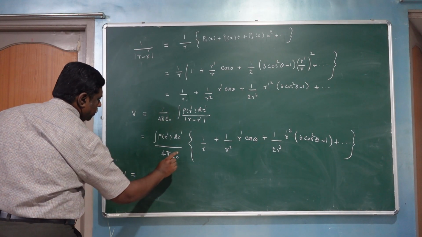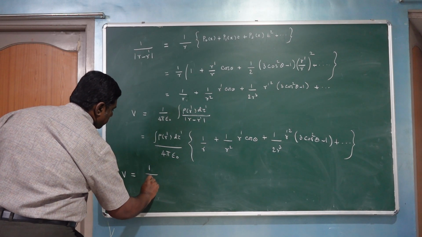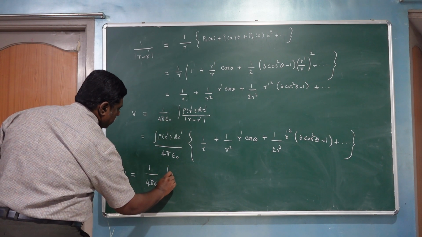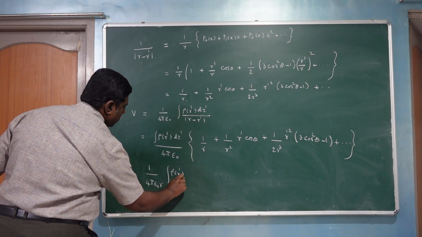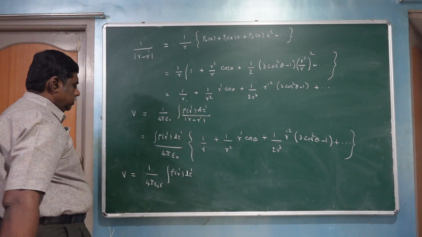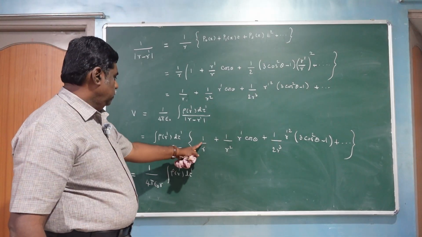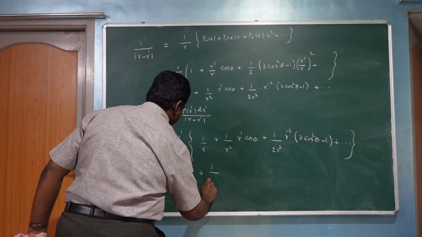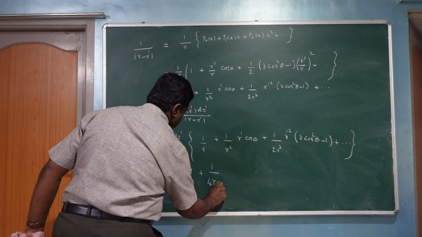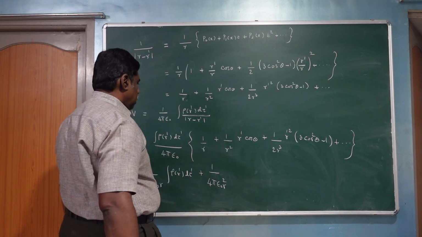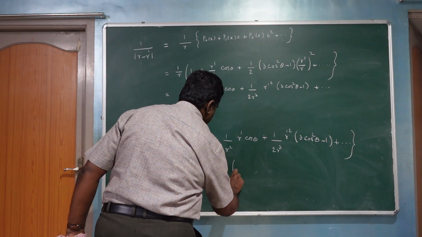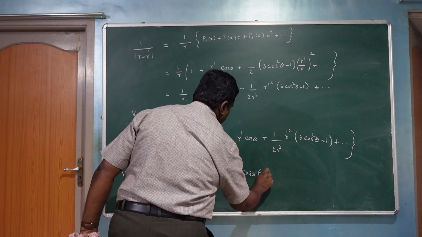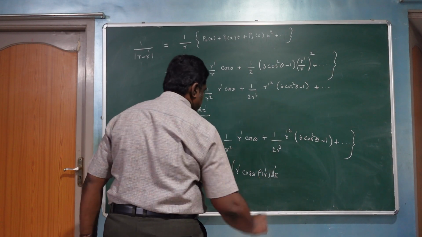V equal to 1 divided by 4 pi epsilon naught r integral of rho of r dash d tau dash. This is the first term. And the second term is 1 divided by 4 pi epsilon naught r square integral r dash cos theta rho of r dash d tau dash.